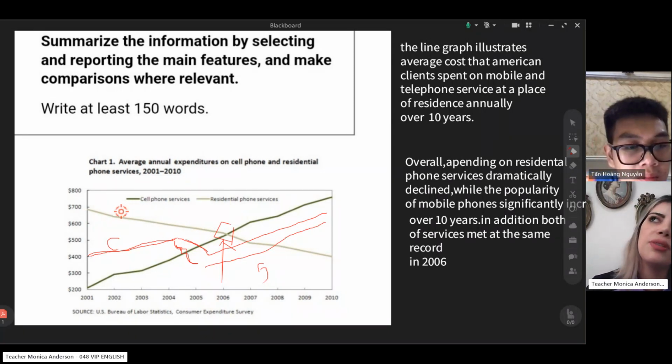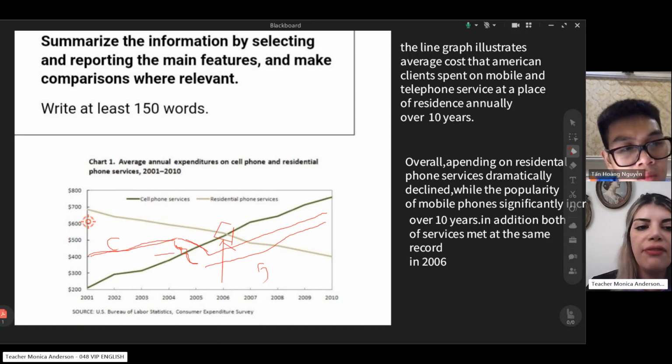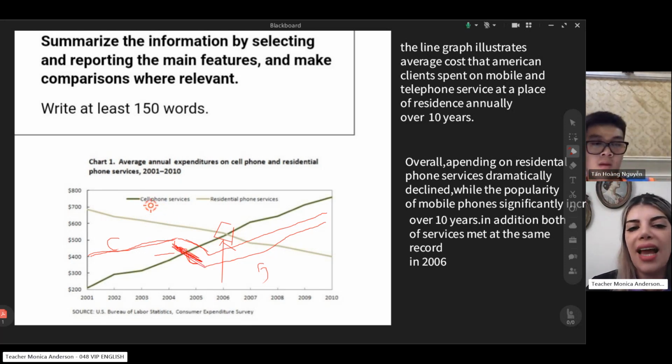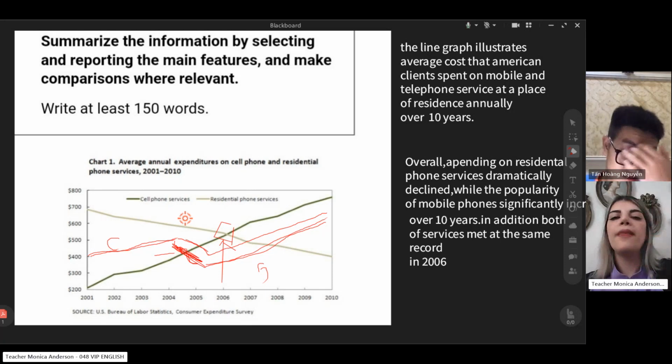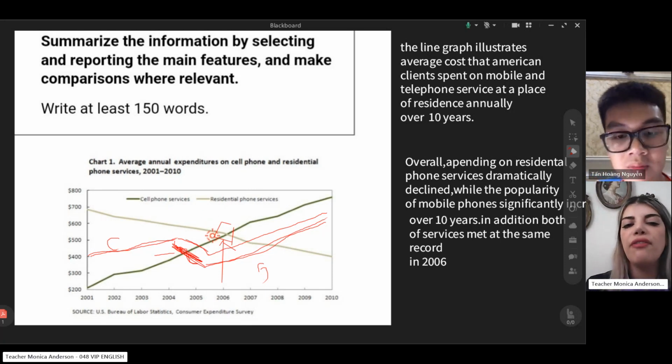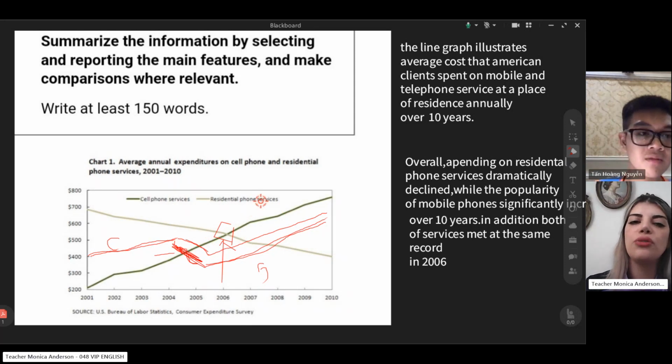So you can say, for example, there is no noticeable change in the first 5 years, within 2001 and 2005. Then you need to mention this change, this decrease, and after that, we have the same route as the other lines from 2005 to 2010.